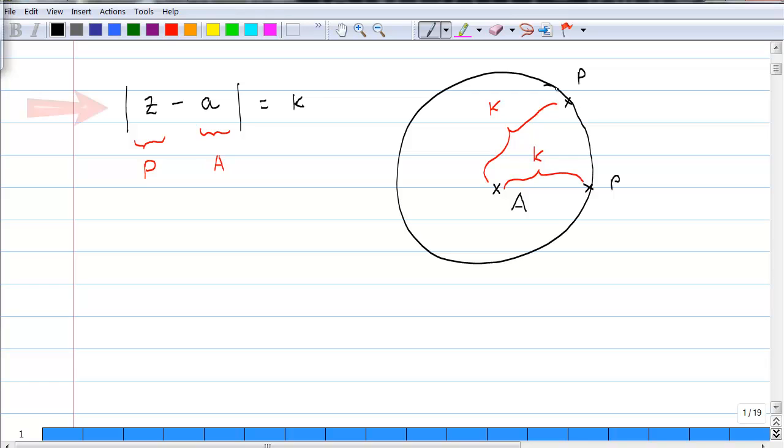Thus, an equation of this form is a representation of the locus of the complex number in the form of a circle.